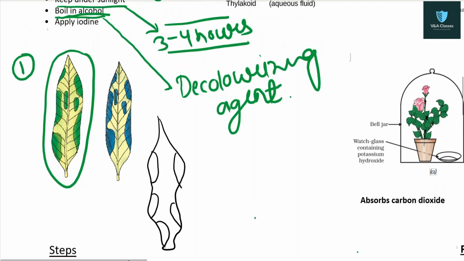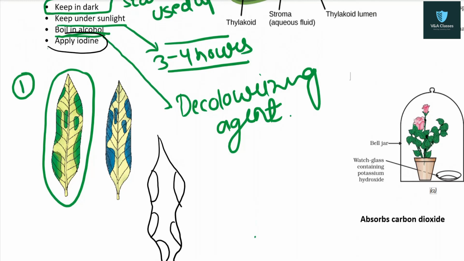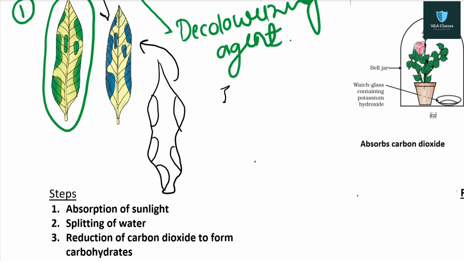Now if we apply iodine onto this leaf, it will become something like this. Why? Because iodine combines with starch to give a blue black color.